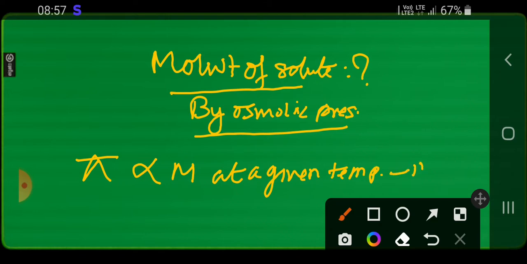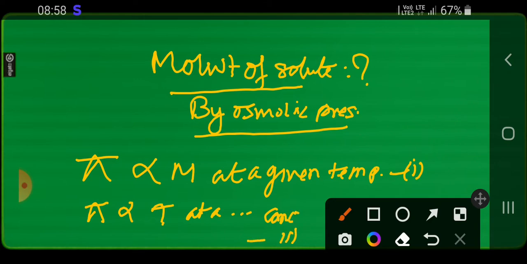This is equation number 1, and again pi is proportional to T at a given concentration, and this will be equation number 2. Now we have to combine equations 1 and 2. So what we will get, pi proportional to CT.